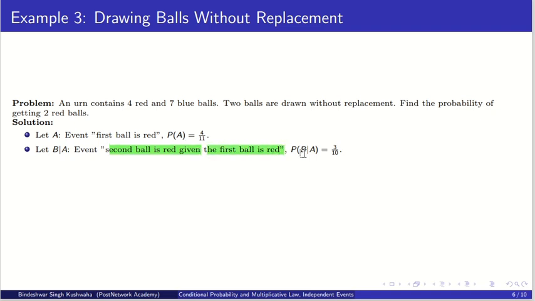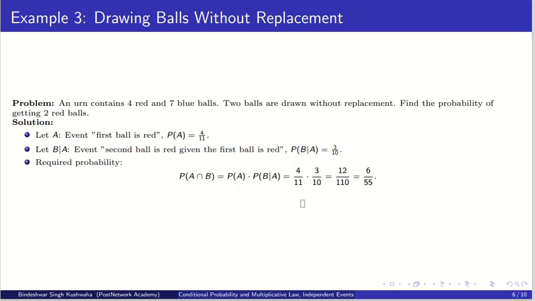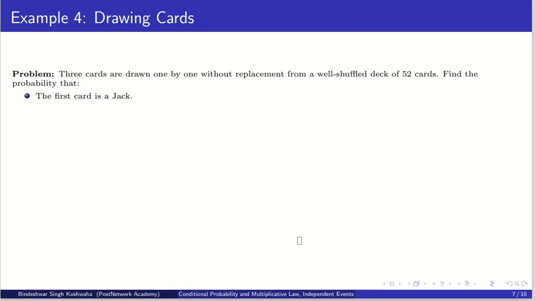That will come 3 upon 10, because there were 11 but without replacement, so 1 is reduced. Now P(A intersection B) is 4 upon 11 times 3 upon 10, that will come 6 upon 55.